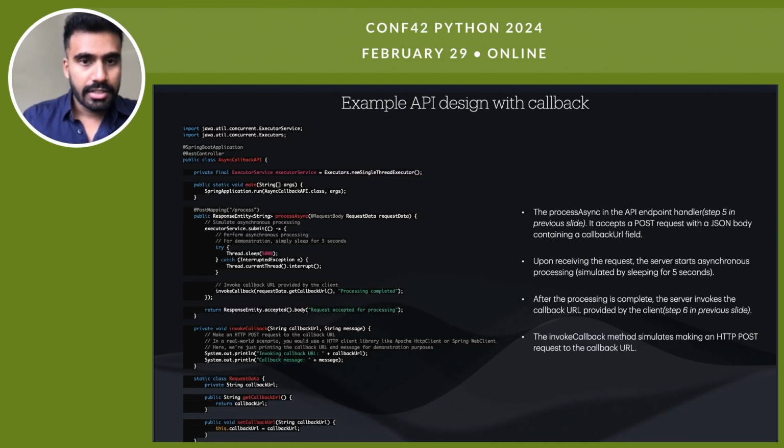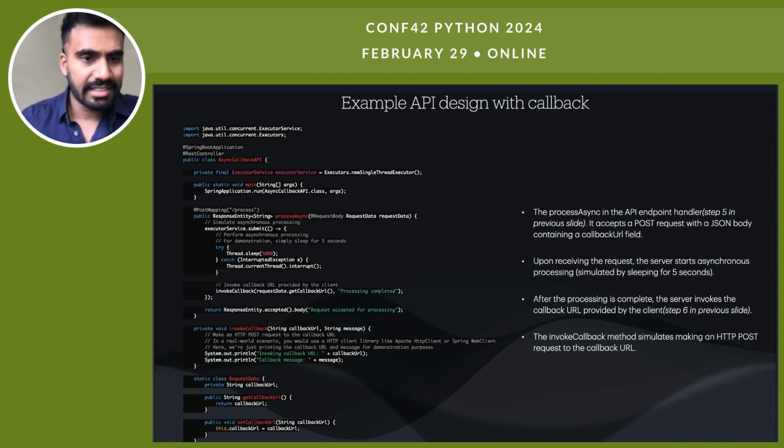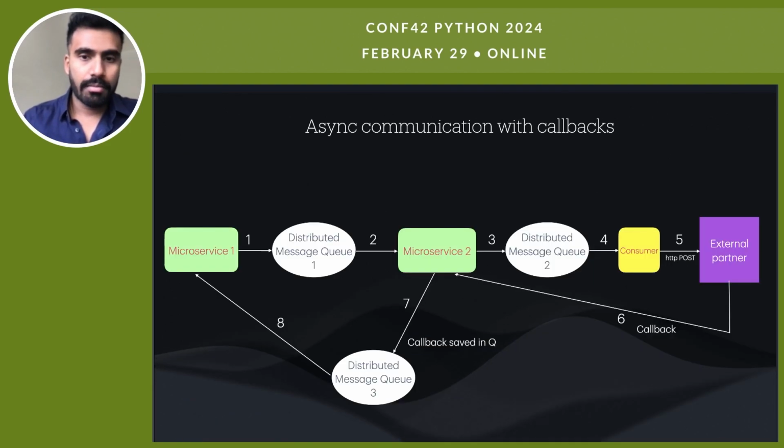Here is an example, as you can see on my screen. There is this function in the middle, process async, and that is the API which is being called from microservice 3 to the external partner in steps 3, 4, and 5.